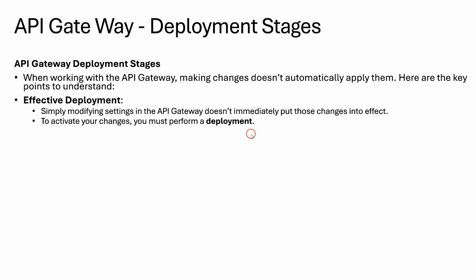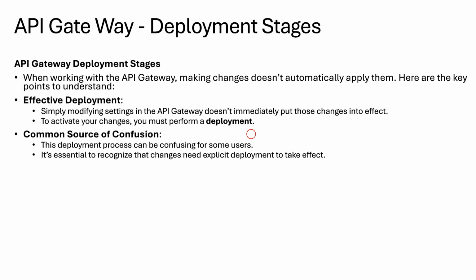To activate your changes, you must perform a deployment. Otherwise, simply making some changes in your stage and waiting for them to reflect doesn't work. You have to deploy it explicitly.